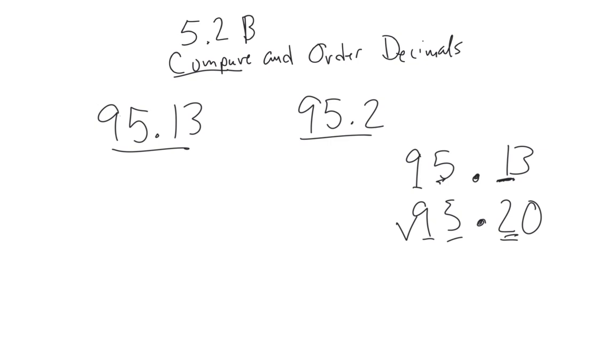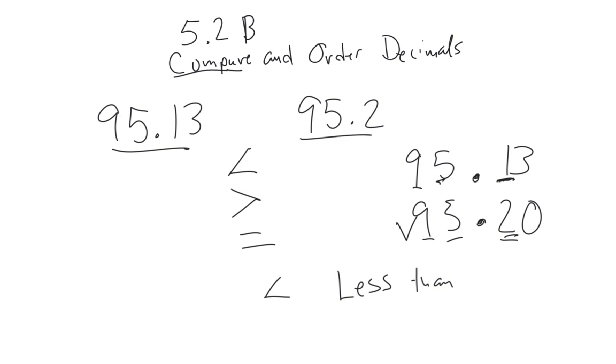Now when we're ordering and comparing decimals, we're going to have different signs. We'll have your less than sign, your greater than sign, and then your equal sign. It may be a little bit confusing to remember which way they're facing. One trick I like to do is that less than starts with an L, and if you take that L and tilt it a little bit more, it turns into the less than sign.